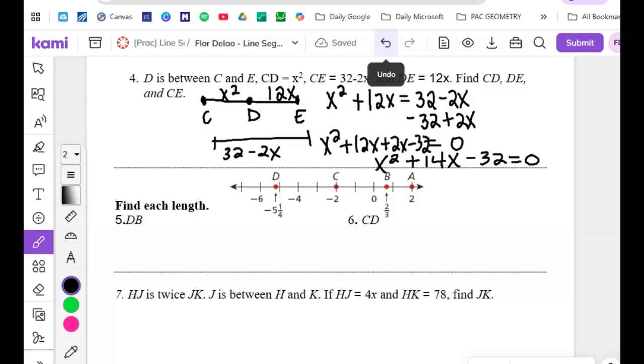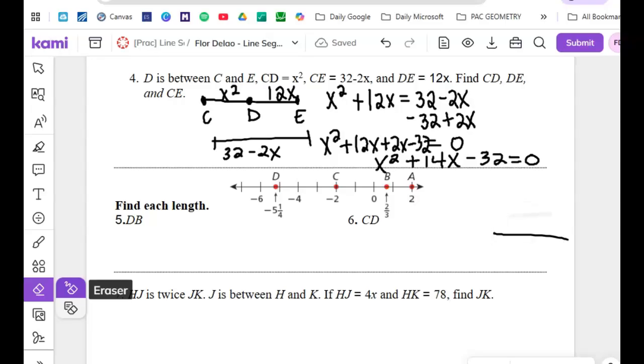If you did box method, then it looks something like this. I don't know how to do box method because I was just taught to do it in my head. But whatever they taught you, do that.